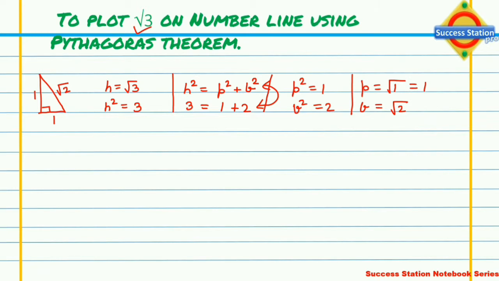So you can see by this, this is a right angle triangle. So if the base is root 2 and the perpendicular is 1, we get root 3 as hypotenuse. So we'll know the exact length of root 3, and if we know the exact length, we can plot it on the number line.